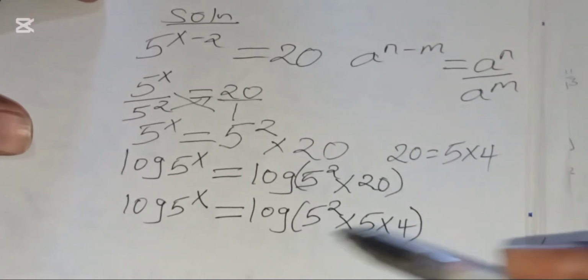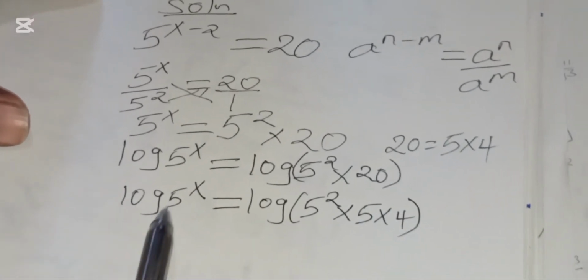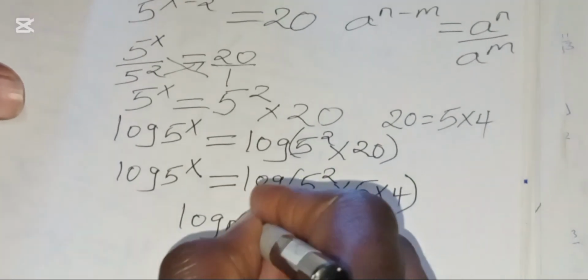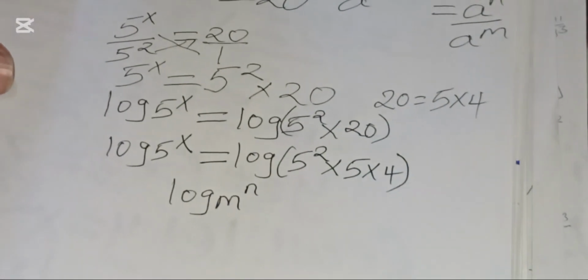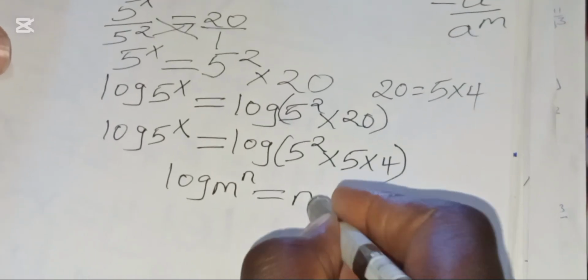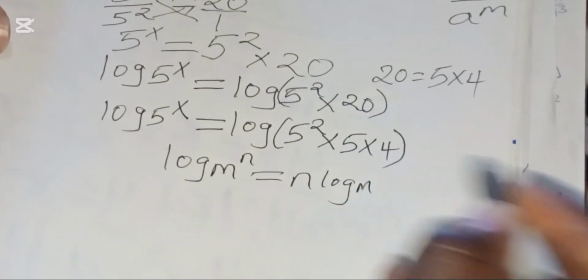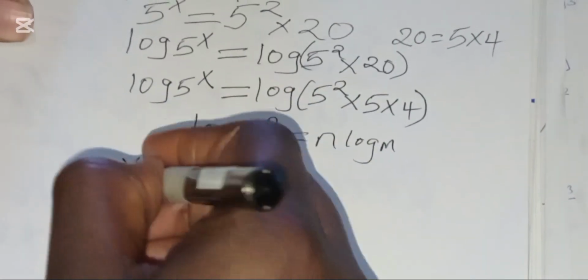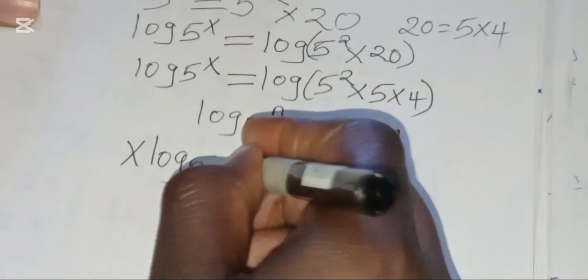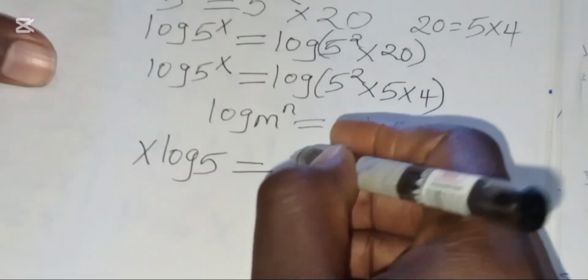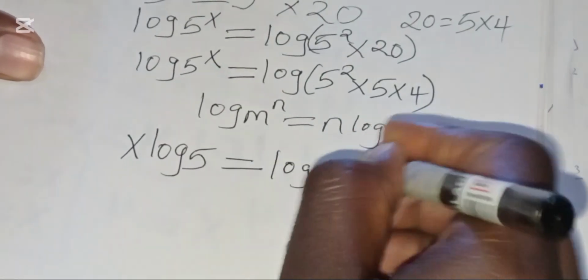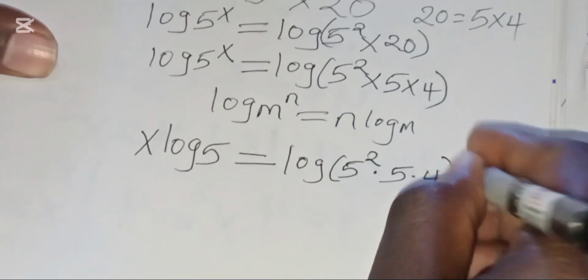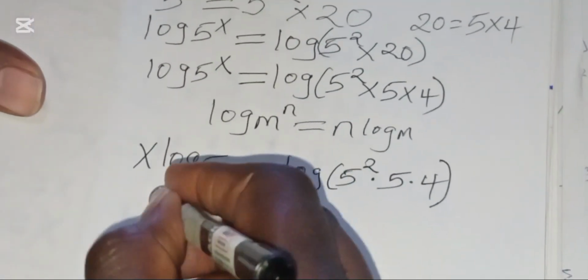Okay, so from here, log 5 raised to power x, this is in the form of log m raised to power n, which we can express as n log m. If we apply this property, we're going to have x log 5, this is equal to log 5 squared, multiplying by 5 multiplying by 4.